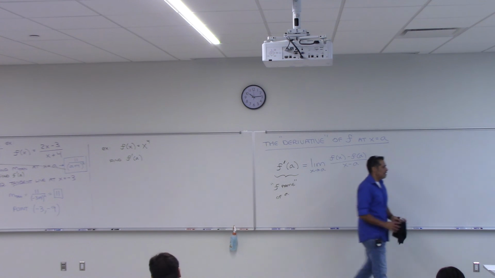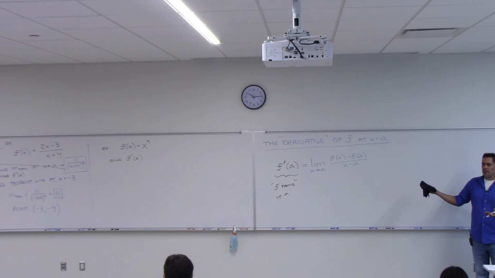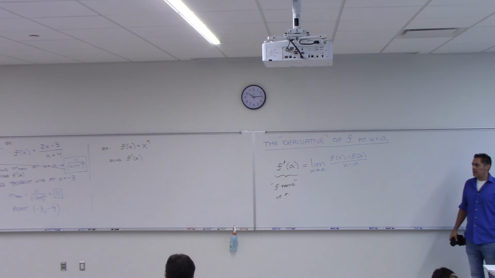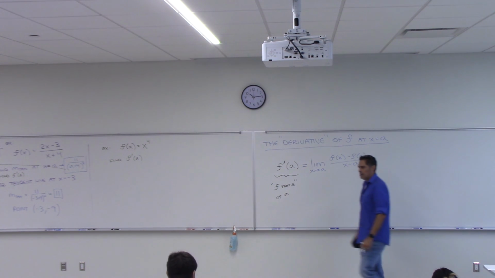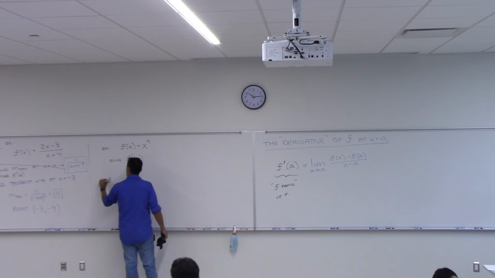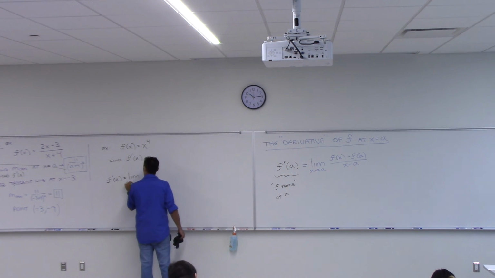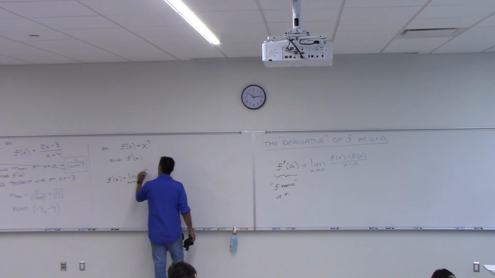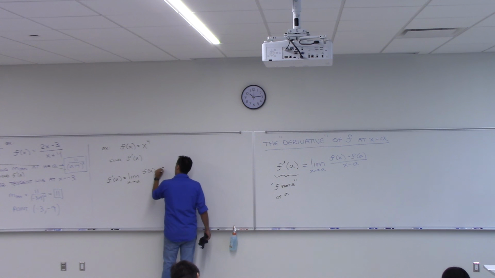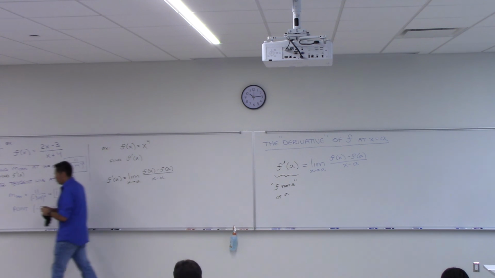So basically, I'm asking you to find the slope of the tangent line at a. That's what that means. So it's the same thing we've been doing, just a different sort of notation for it. So this, by definition, is the limit as x approaches a of f of x minus f of a over x minus a. That's just the definition of it.